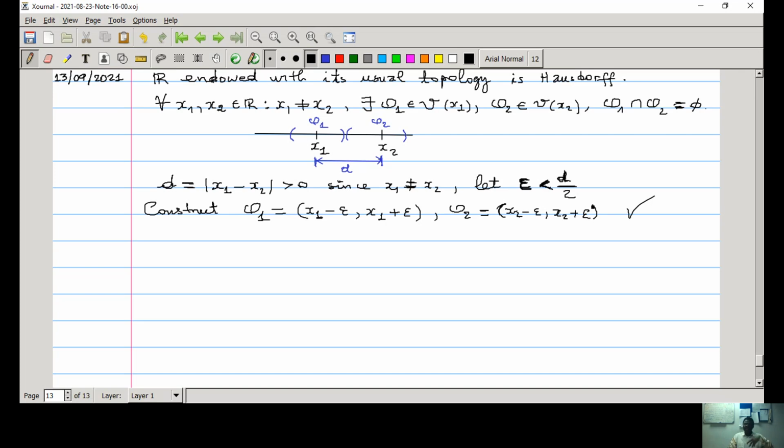I'll give you the rest of your life to go and look for the point that is common to the two. You will never find it. And I don't need to wait for you until the end of your day. You'll be searching. I will just take a few seconds to prove to you that it's not possible. So I claim here that O1 intersection O2 is empty.